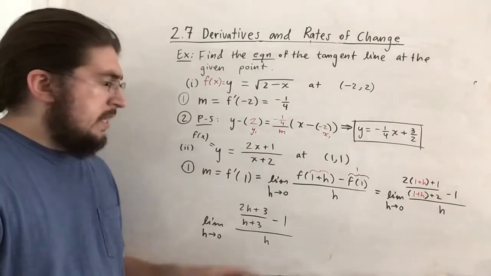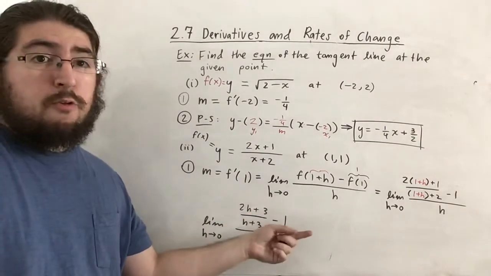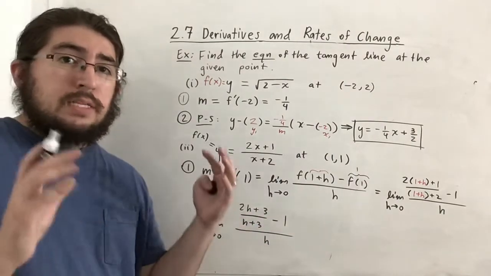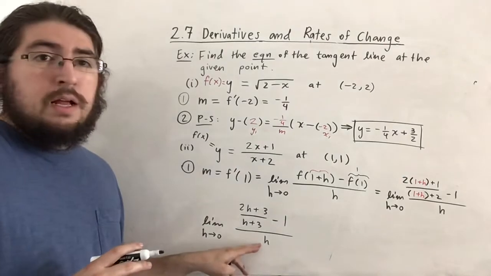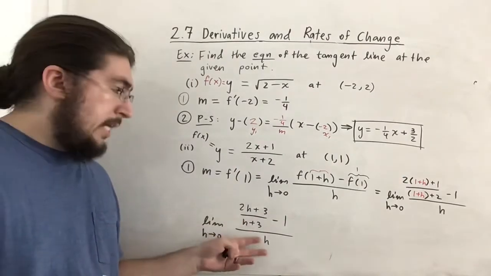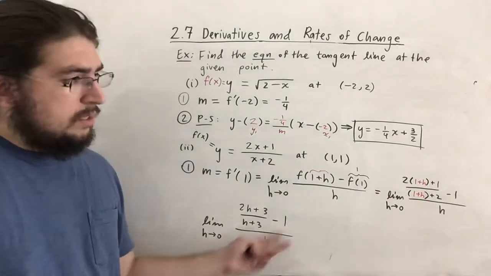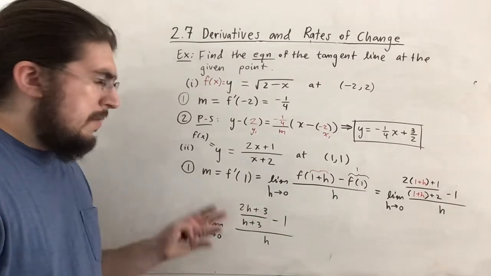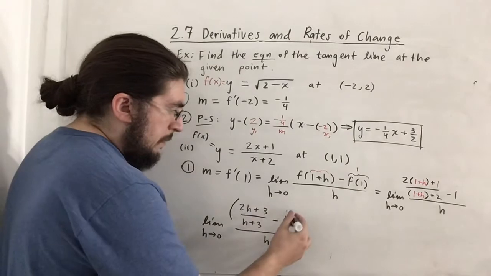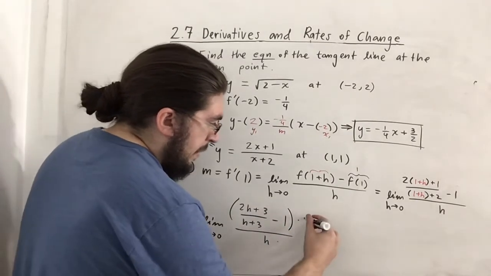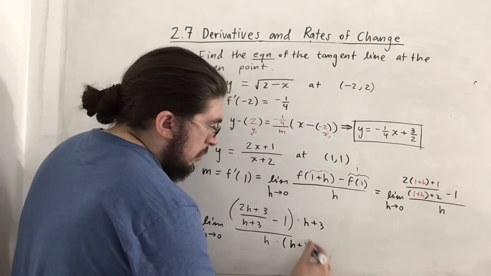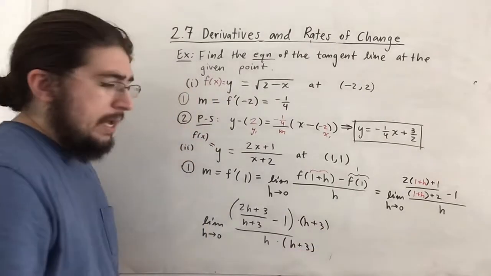Another way of doing this is writing 1 as h plus 3 over h plus 3, combining the top into one fraction, and then multiplying the top fraction by the reciprocal of the denominator, which is 1 over h, and then multiplying across. But I think it's a little easier to see just multiplying top and bottom by the denominator, h plus 3. And again, all this really does is clear the fraction within a fraction.